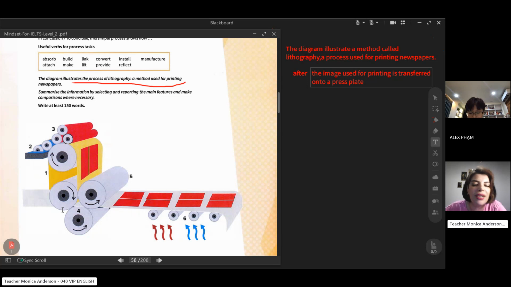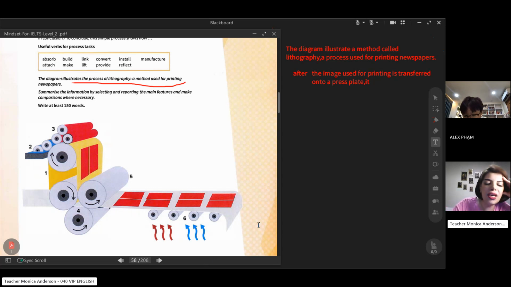So onto a press plate, then, what are these parts? They are something like rollers, as you can see.